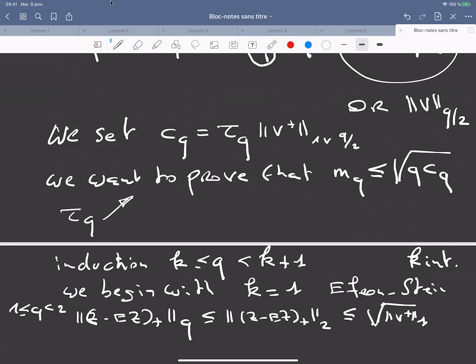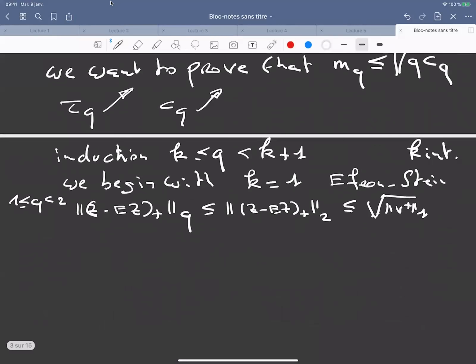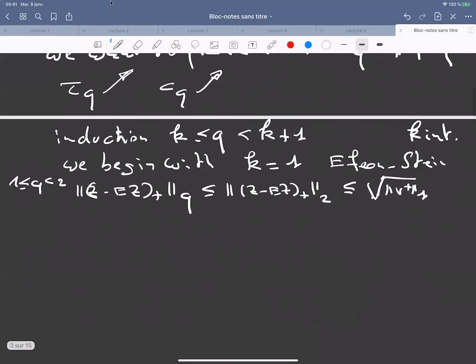So what we shall use in the sequel is that both the families tau Q and CQ are non-increasing. This is what we shall use to pass from K to K plus 1. And more precisely, to pass from all the values of Q between K and K plus 1 to all the values of Q between K plus 1 and K plus 2.